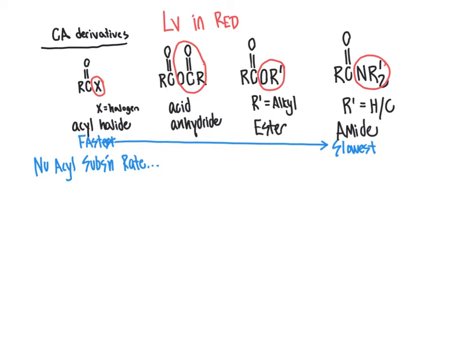The reason why we see this difference in reaction rate and can relate it to the structures of these leaving groups is that, when we think about the nucleophilic acyl substitution reaction in general, what's happening, as we've looked at in these anionic or basic nucleophile reactions so far, is that we have our carboxylic acid derivative, which could be any of those functional groups that we see at the top there.